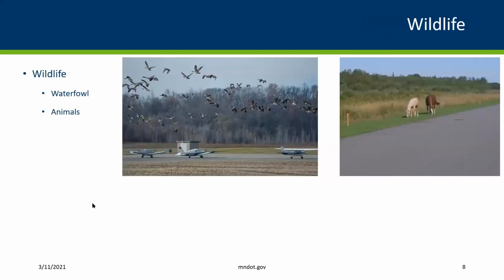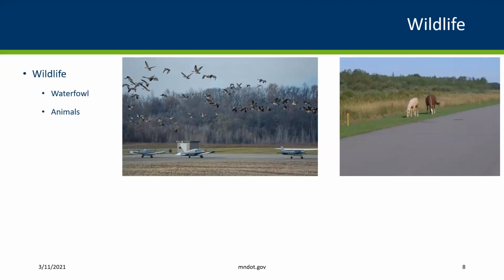Wildlife, whether it's waterfowl or animals, creates a great hazard for aircraft. We obviously know that there's going to be bird activity everywhere all the time. It's just a matter of when you notice an increase in bird activity, we're looking for that. If you know that you have a farm near your airport and the farmer isn't doing a good job of containing their animals, those are the kinds of things we like to know.